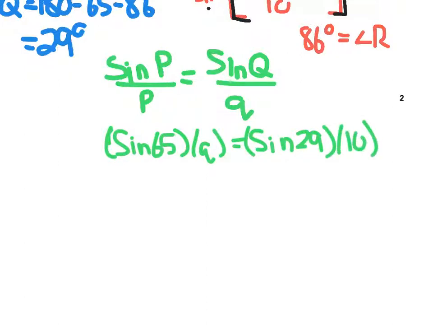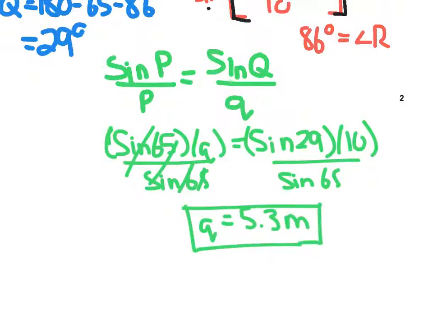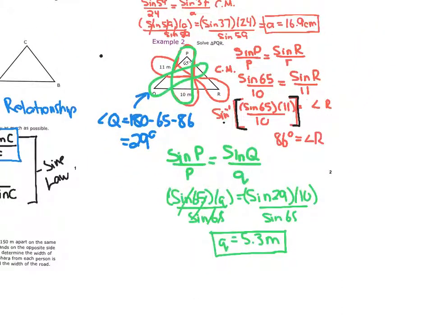So I've cross multiplied it at the same time after putting the values in. Divide sine 65 to both sides. Cross that out. Solve for Q. Q equals 5.3 meters in this situation. So those are two examples of how to solve for a full triangle.